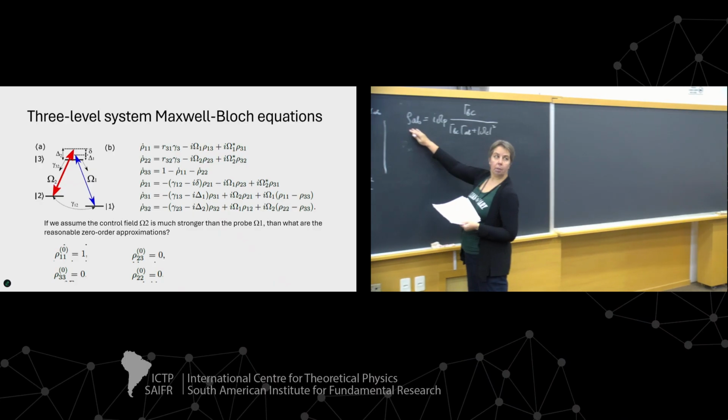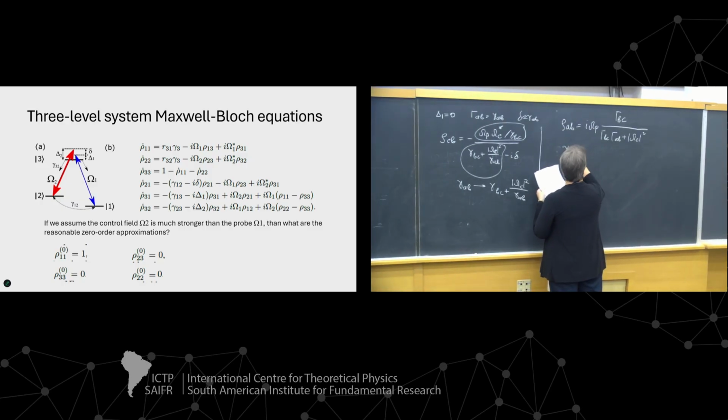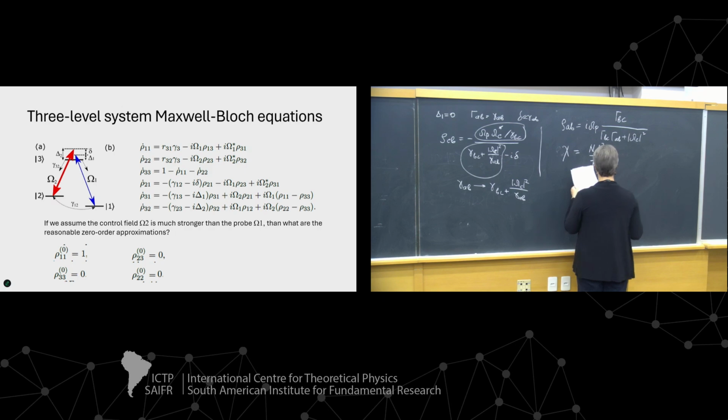But again, remember, this is our optical system, so we can calculate the susceptibility as n dAB squared over h epsilon naught, times rho AB divided by omega probe. So it's the same expression as we had before.